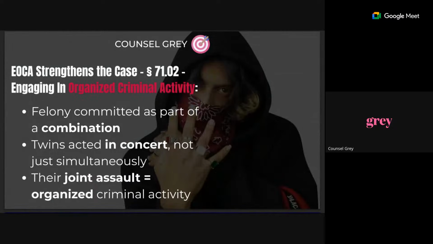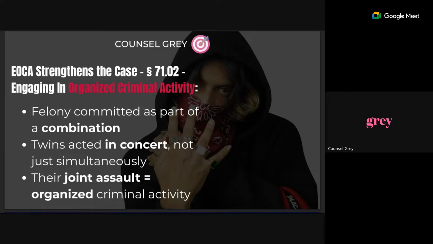of his own brother. Okay, so now in addition to the felony murder that I just made out, there is another enhancing doctrine called the EOCA doctrine, engaging in organized criminal activity. This is a doozy because what this statute says is that if a felony is committed as a part of a combination, now the statute defines combination as 3 or more, etc., but the common law has repeatedly defined it as 2 or more.